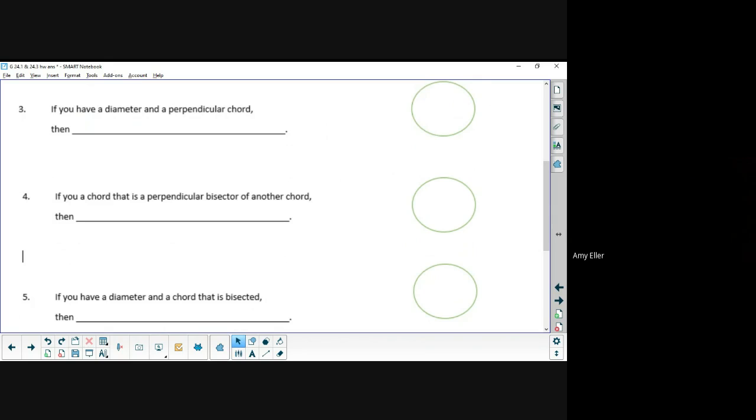If you have a diameter, let's draw that. Diameter. The chord that goes through the center. Do we know there's an infinite number of diameters? I don't care where you draw your diameter. This is a diameter. This is a diameter. Pick a diameter and draw one of them.